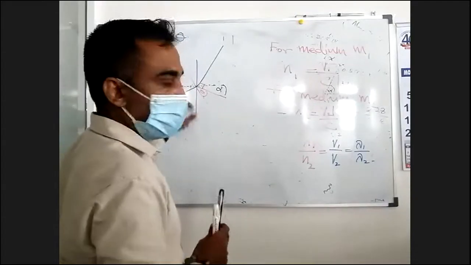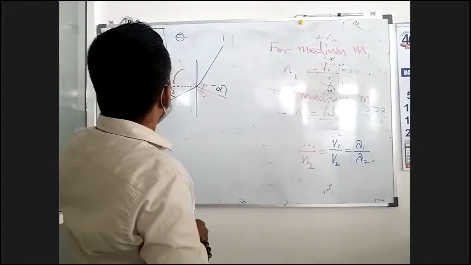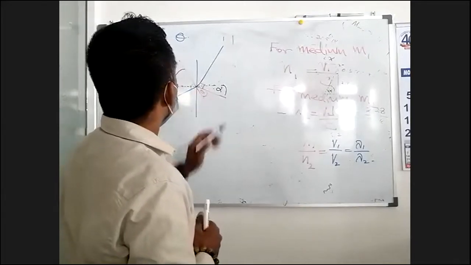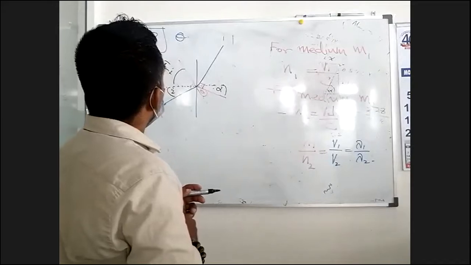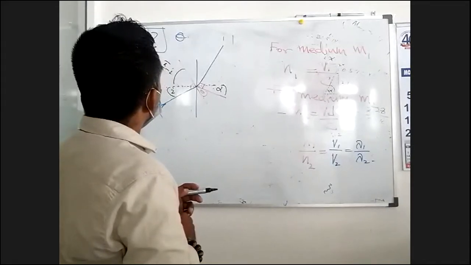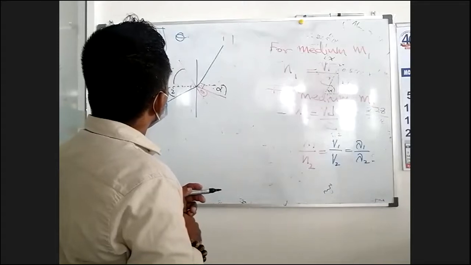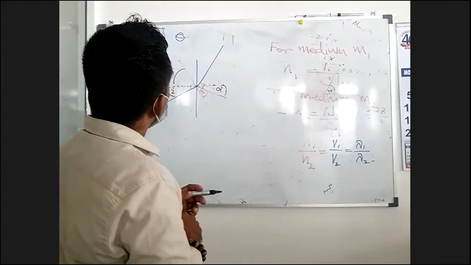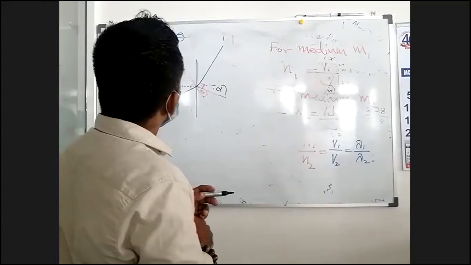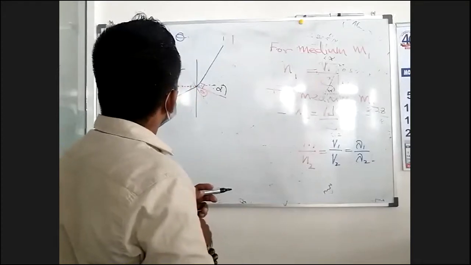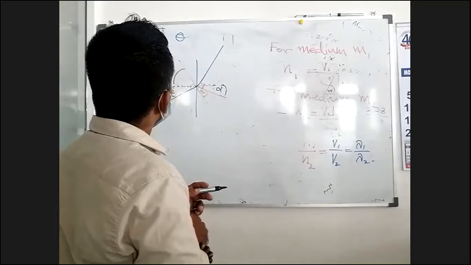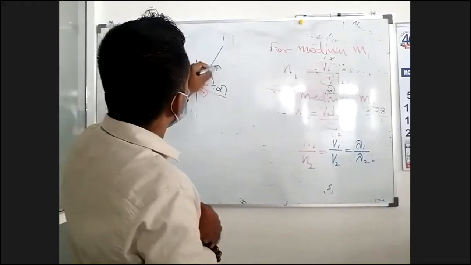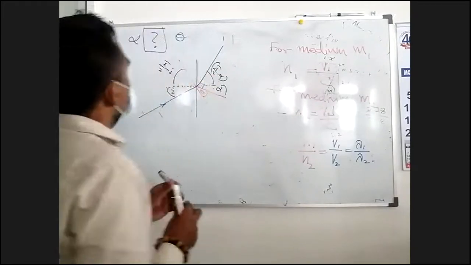If it is I, this is pi upon 2 minus I. If this is alpha, this is pi upon 2 minus alpha.